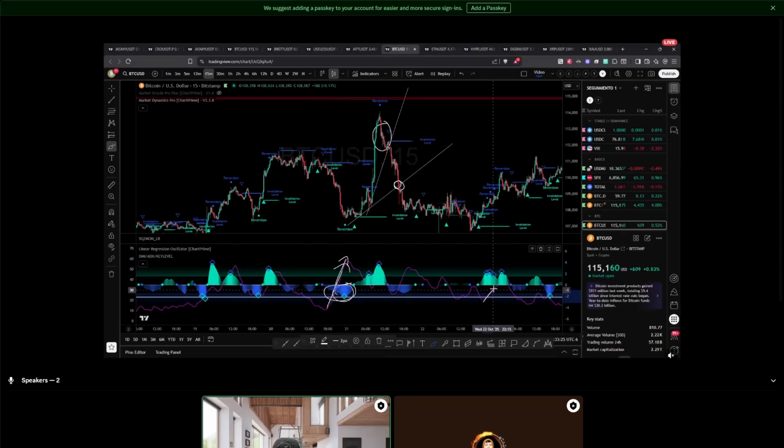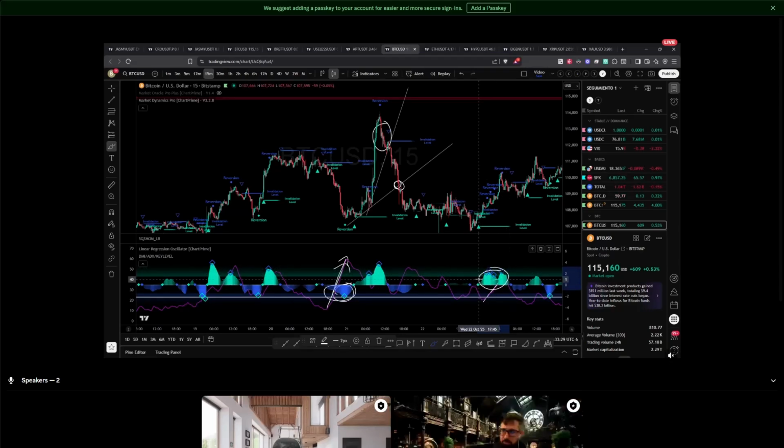And then pointing up on green, strength on the bullishness. All right. So look at that. Pointing up on blue, strength on your bearish. Pointing up on green, strength on your bullish. All right. So that is how to add and use my linear regression oscillator setup.